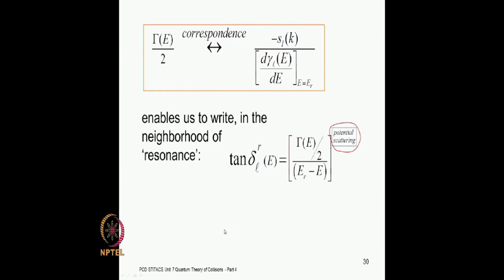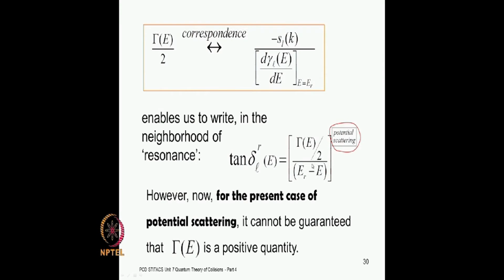Okay? So, this particular correspondence allows us to write the expression for the tangent of the resonance phase shift in the same form as we did for the square well scattering.